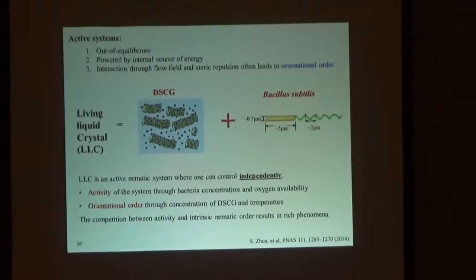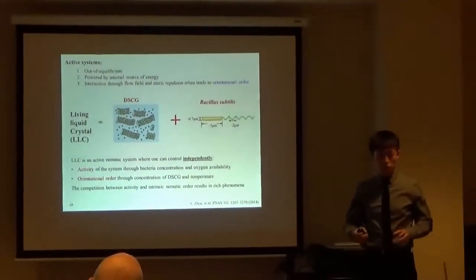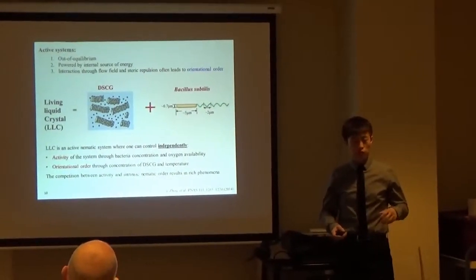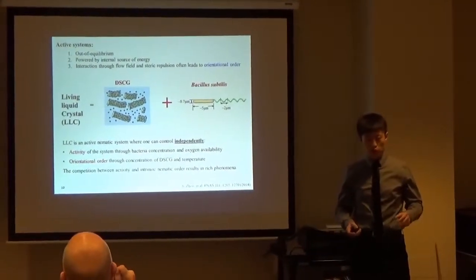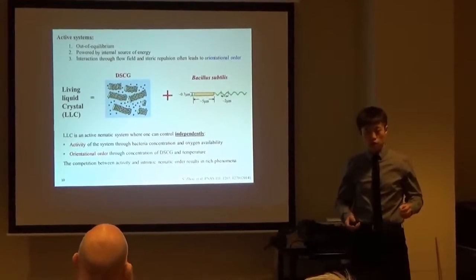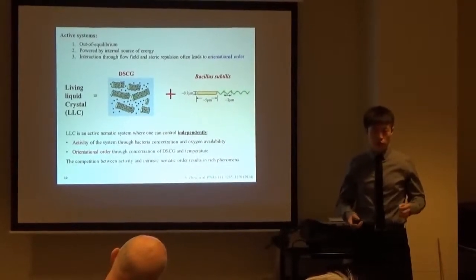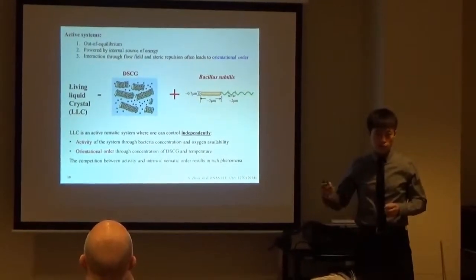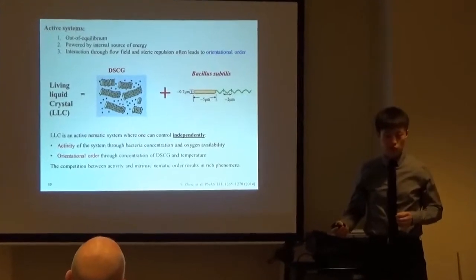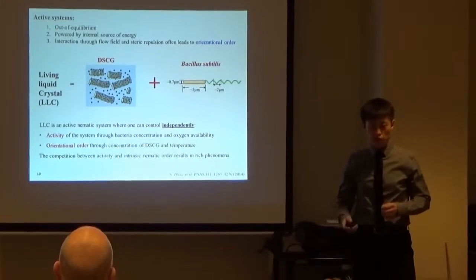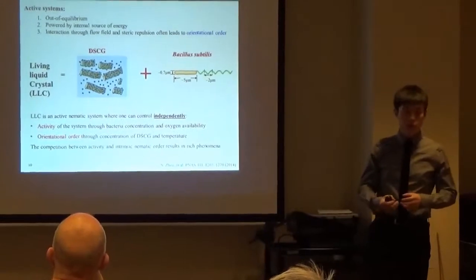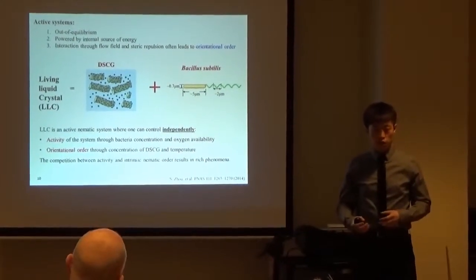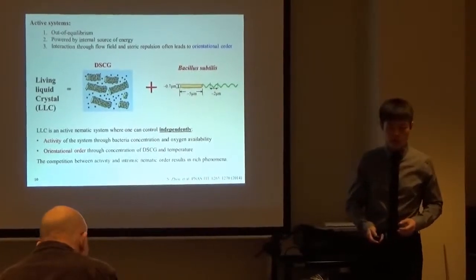In such a way, we achieve independent control of the activity, how much activity we have in the system, by tuning the concentration of the bacteria, and also by tuning the oxygen concentration in the system. And also we can control the orientational order of the system simply by playing with the concentration and temperature of the DSCG. So the interaction between the activity and the superimposed nematic order gives us a lot of interesting phenomena.